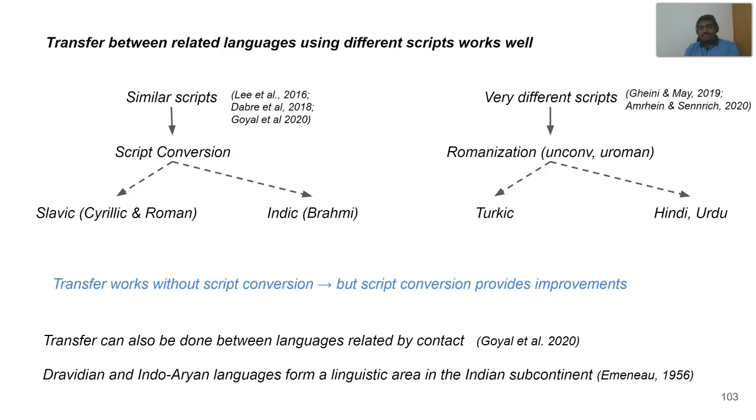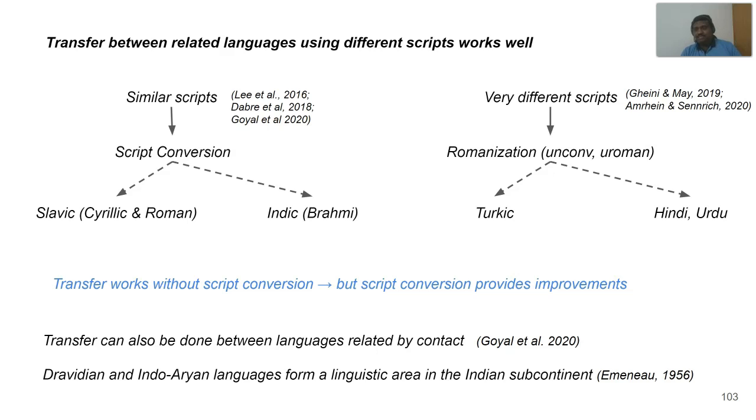Okay, when the scripts are very different, then it's difficult to apply simple script conversion, but some approximation can be done by using romanization, which means to represent these scripts in the Roman script.